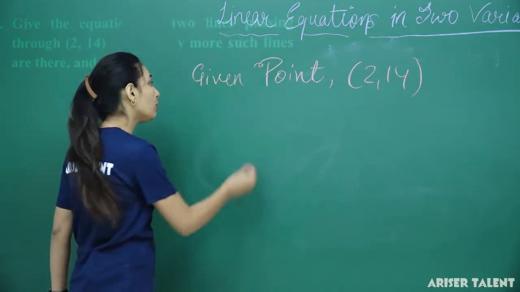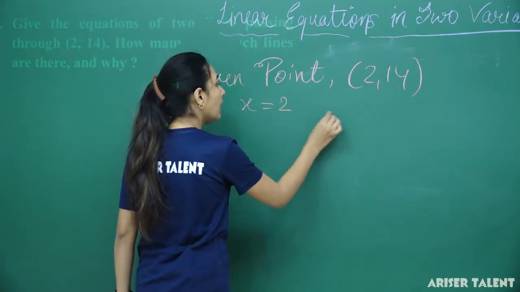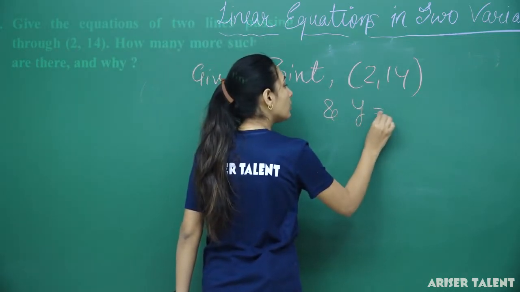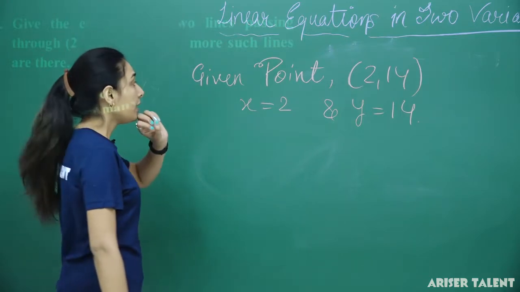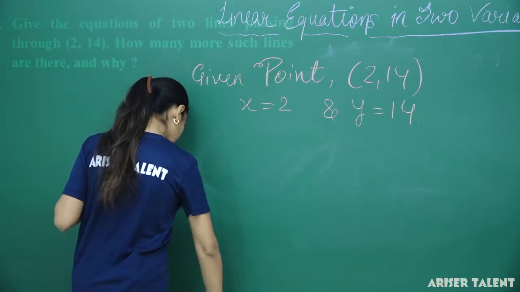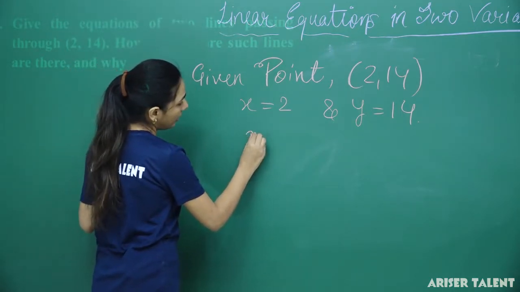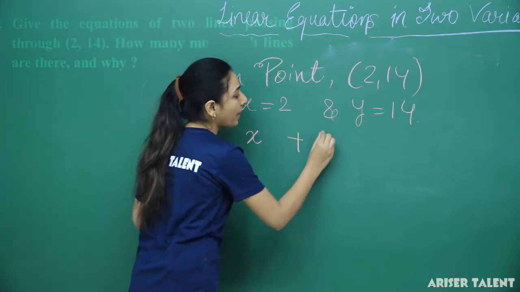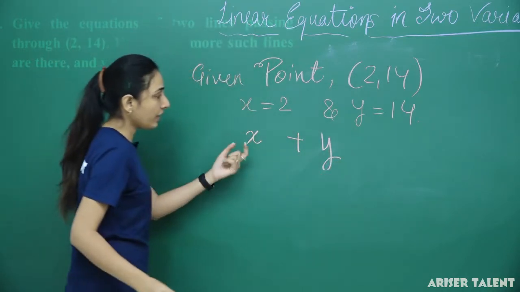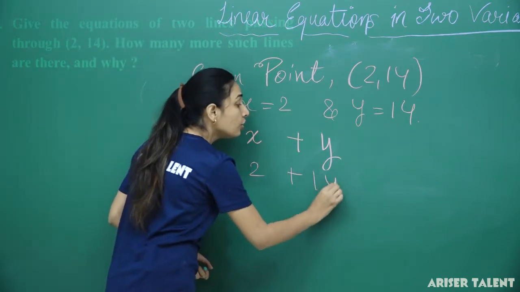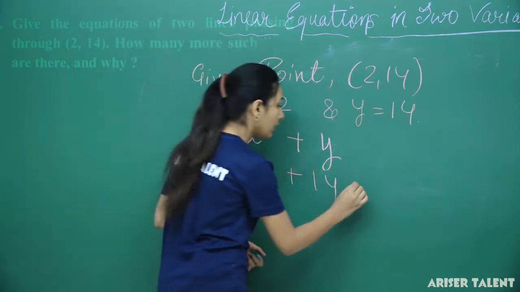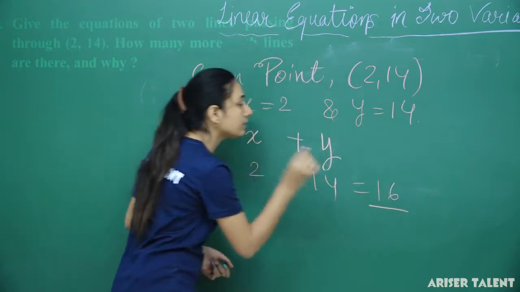That means the value of x equals 2 and y equals 14. Now write any combination of that. Something like x plus y. If you do the calculation with 2 and 14, you will get 16.